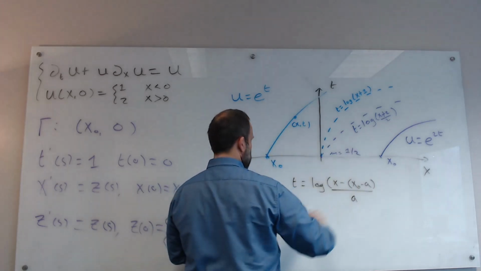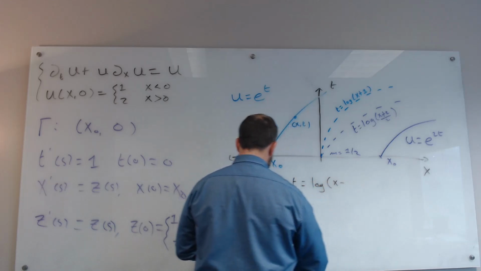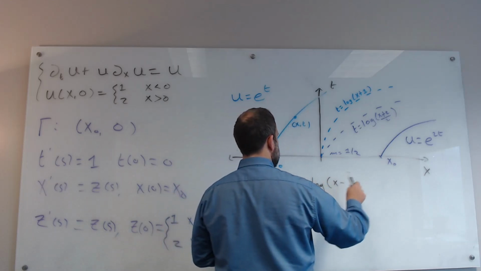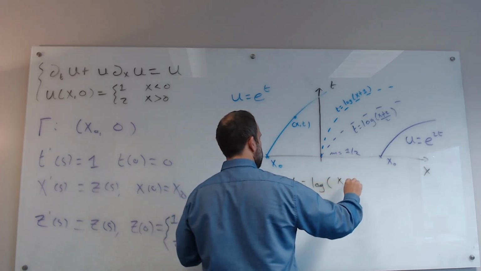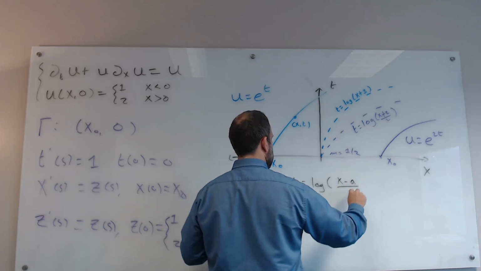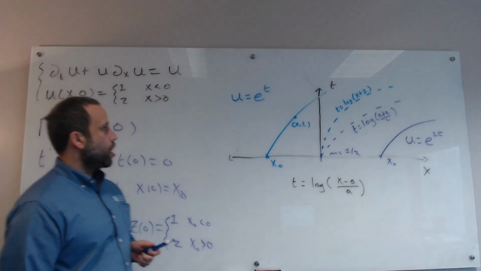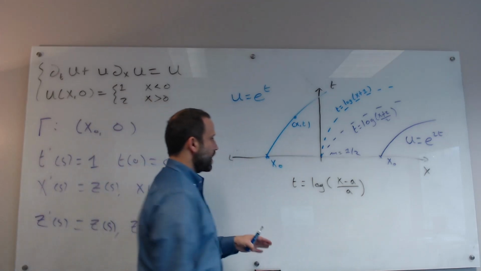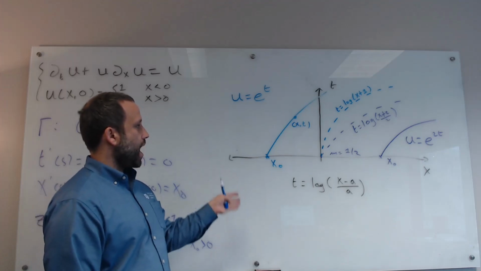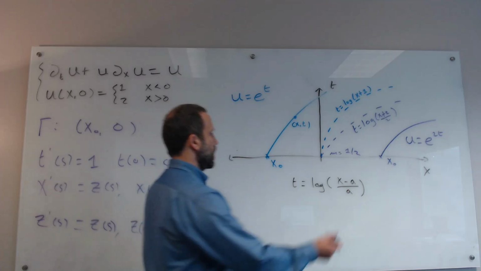But the blue and purple characteristics have the specific form t is equal to log of x minus a over a. And this is for a going between 1 and 2. So now our characteristics, we want to look at characteristics like that for a going between 1 and 2. Okay, so we're going to look at a characteristic like this.